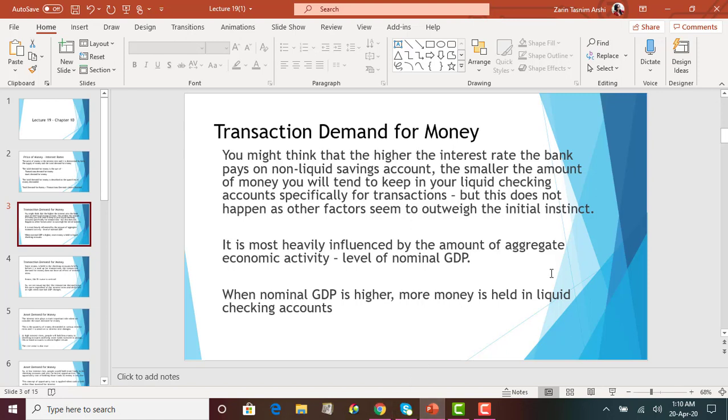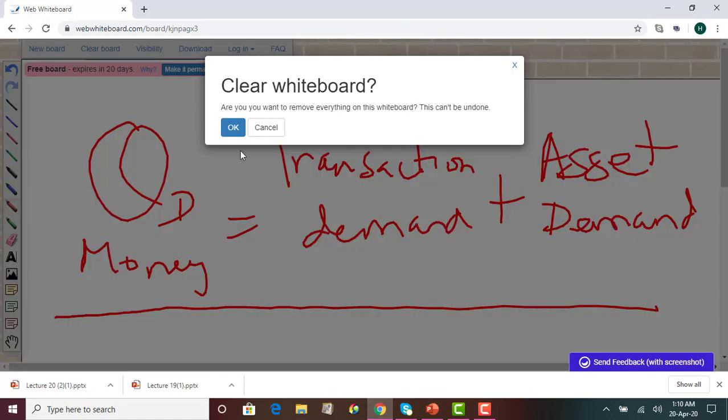If the savings account is offering high interest rates, so that if you keep your money in the savings account you will get a very high interest rate, that does not affect your transaction demand for money, because that money you're going to spend anyway, since it is needed for your daily lives. So the interest rate in the bank for your savings accounts does not affect your transaction demand for money.